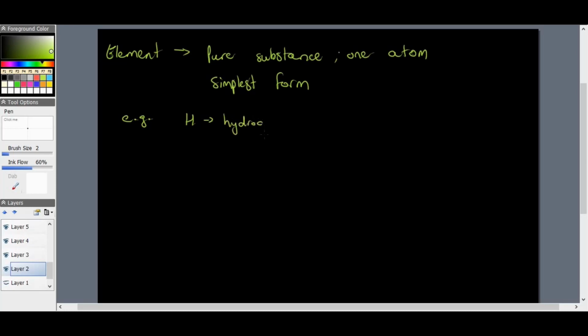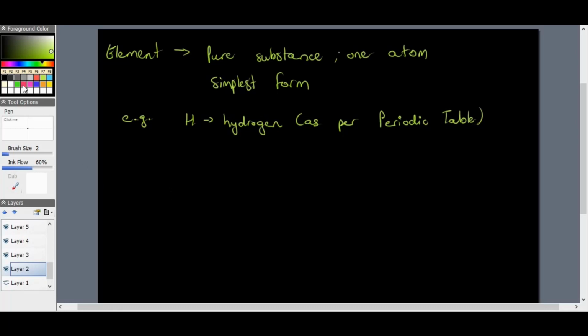This is not hydrogen gas necessarily, but on the periodic table, hydrogen is labeled as H. There are other examples such as C for carbon, Ca for calcium, Cl for chlorine.